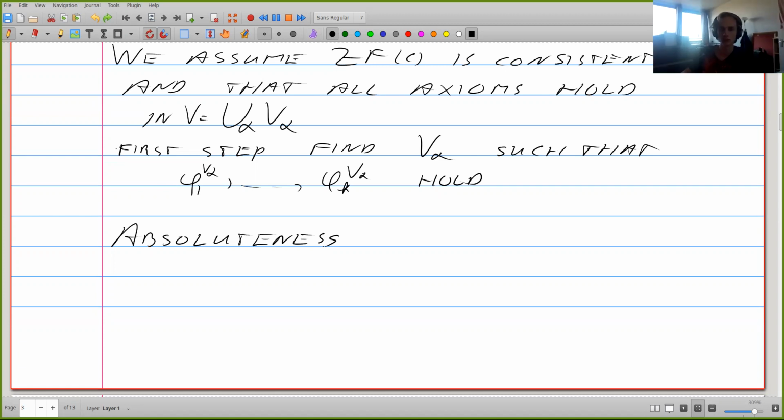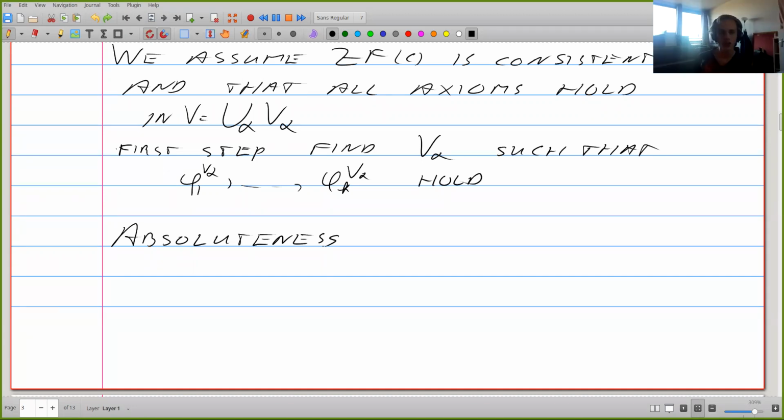Pairing is true because it's closed under taking pairs. Union is true too, and so are all those. And again, the replacement axiom: since we're taking the whole class, if I have a functional thing and a set in its domain, I take the supremum of the ranks of all the images plus one, and then the range is a member of that.